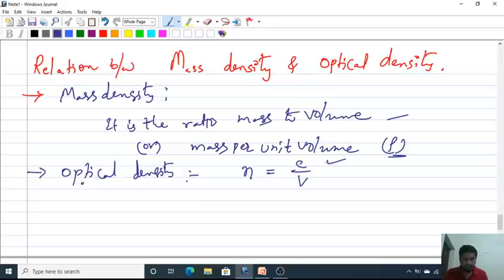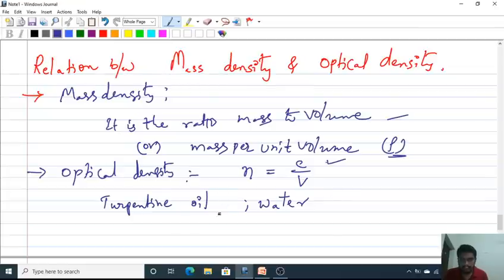Let me see one example of a medium which is optically denser, but whose mass density is less than that of an optically rarer medium. Let us take one example, turpentine oil and water. I am taking two media here.